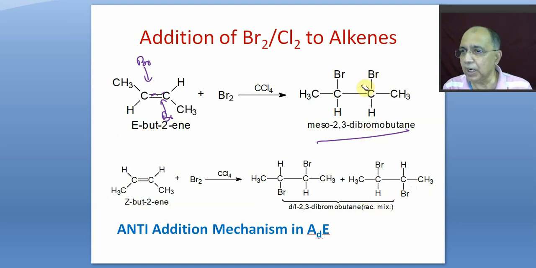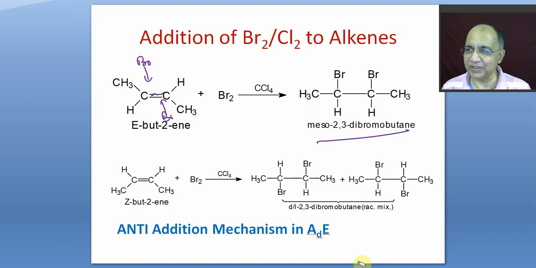These two are diastereoisomers and they are fixed. So in this case, you have to take the DL mixture, the racemic mixture, as a unique product, not as two different products. So these two are diastereoisomers, and these two, I mean any one of this and this, they are also diastereoisomers. So this is stereospecific.